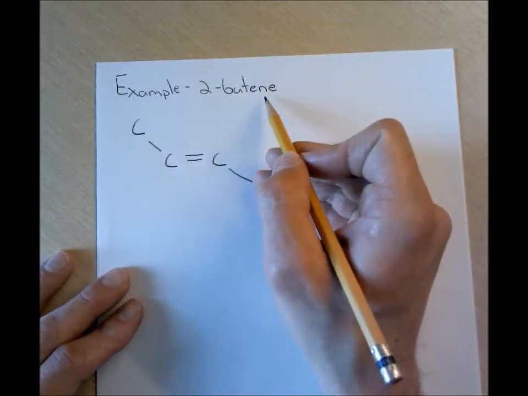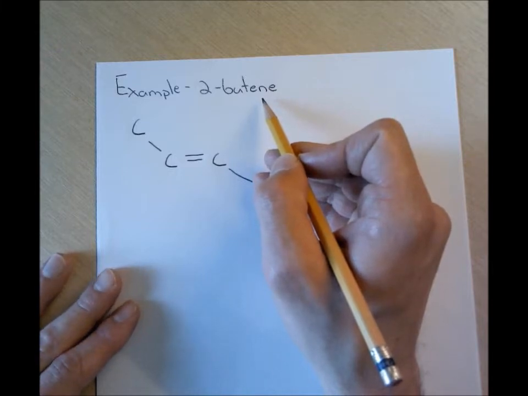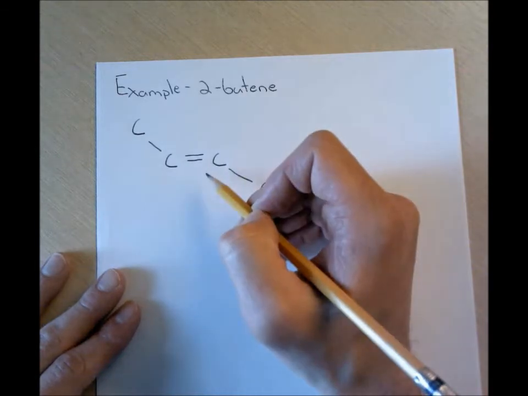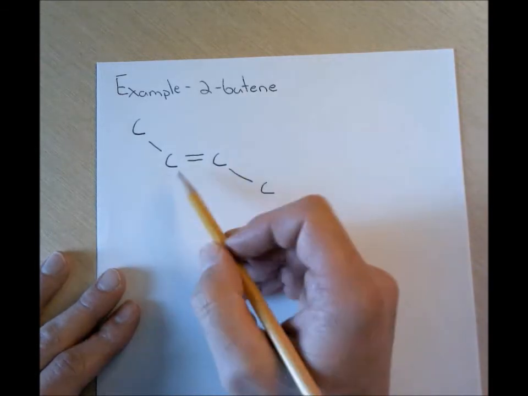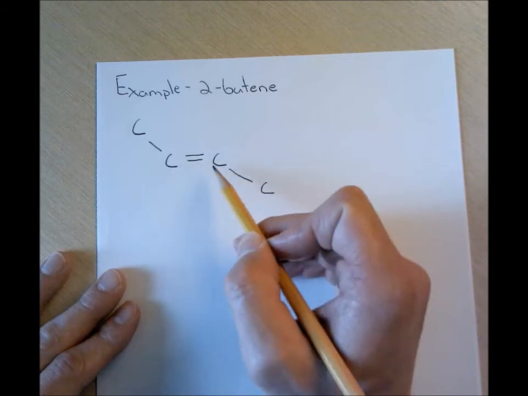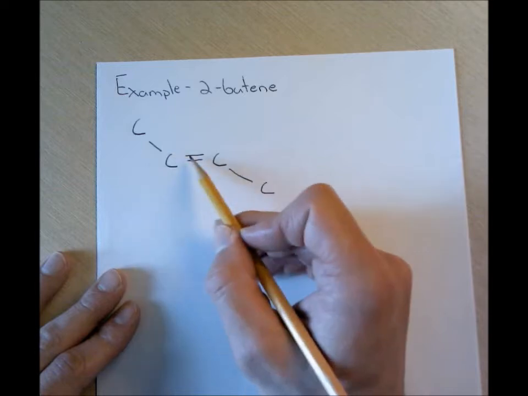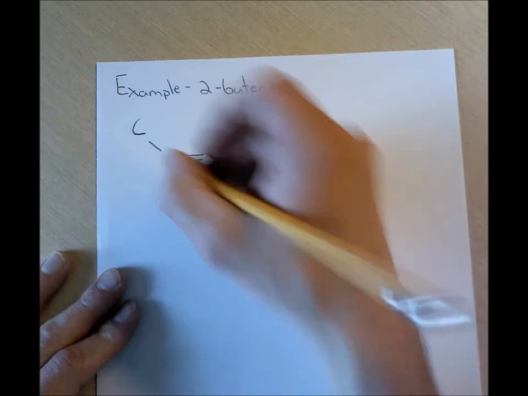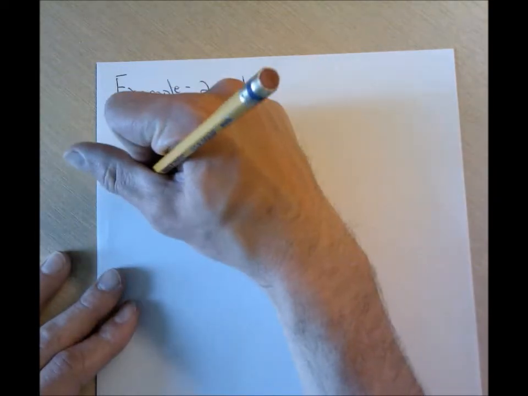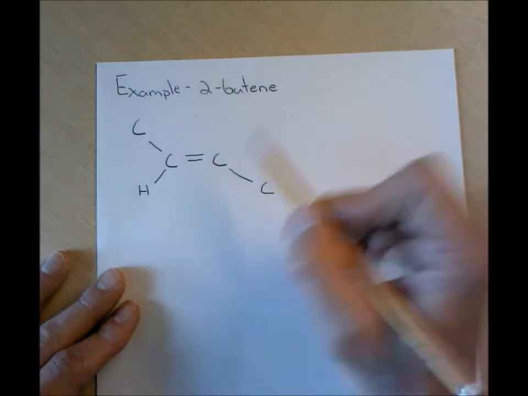Now what I'm going to do is connect or add on just the hydrogens for these middle carbons. Now you can see that each of these already has 1, 2, 3 connections. So that means that these will only have 1 additional hydrogen. Same thing over here. Again, has 3 connections.